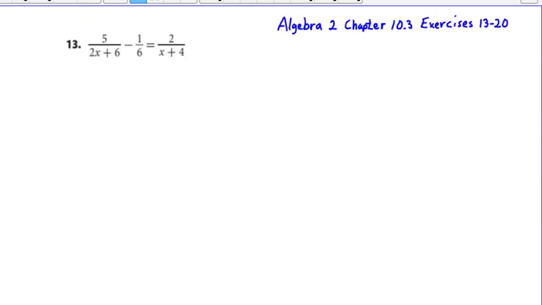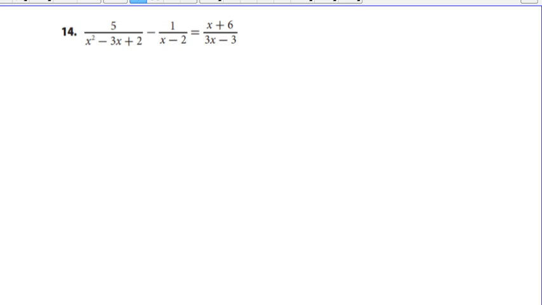So that's number 12. And then we have number 14. I want to really stop with 14 because then we're getting to word problems after that. So our common denominators, we got x minus 2. Let's work on this one right here.